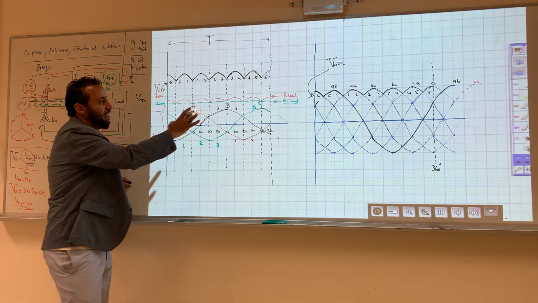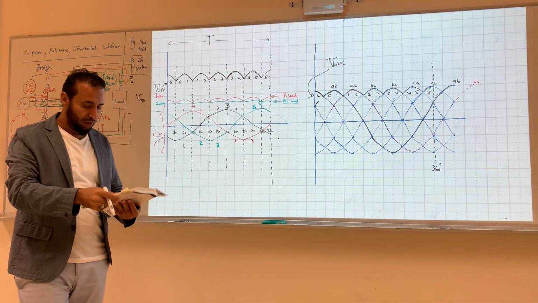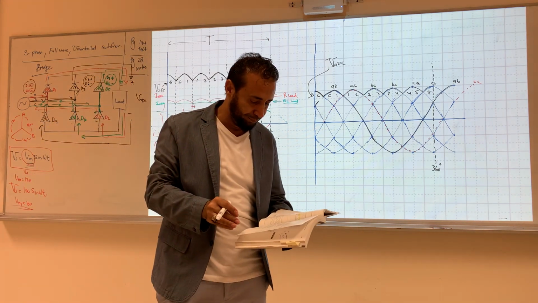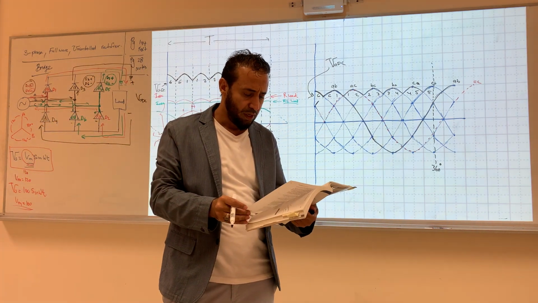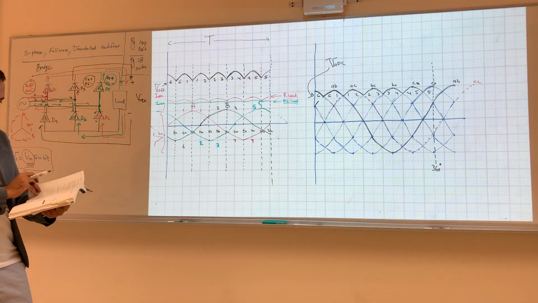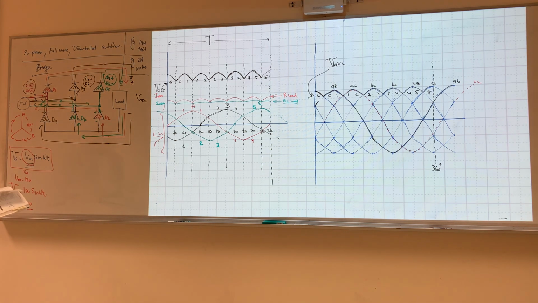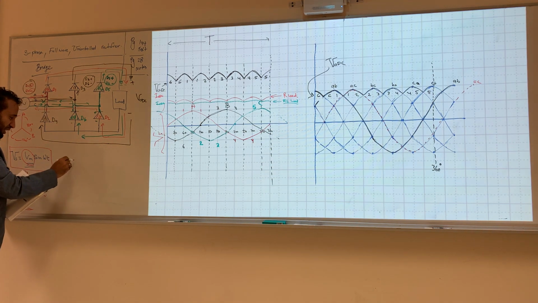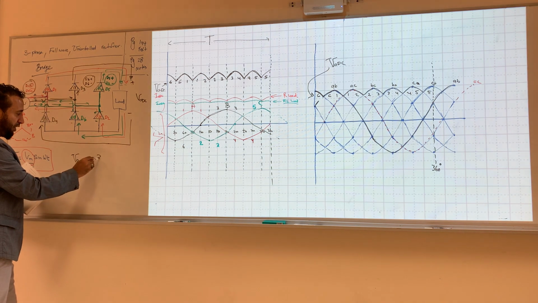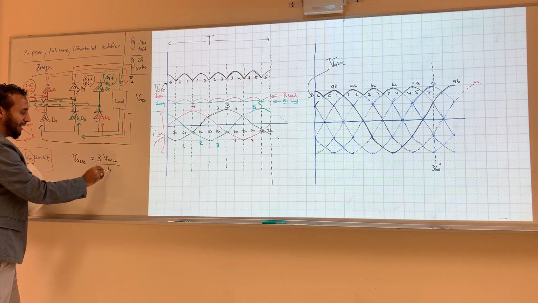The current will be the same here. If we have R load, or RL, which is inductive and resistive, we know that the equation for V out DC equals 3 V max line to line over pi.